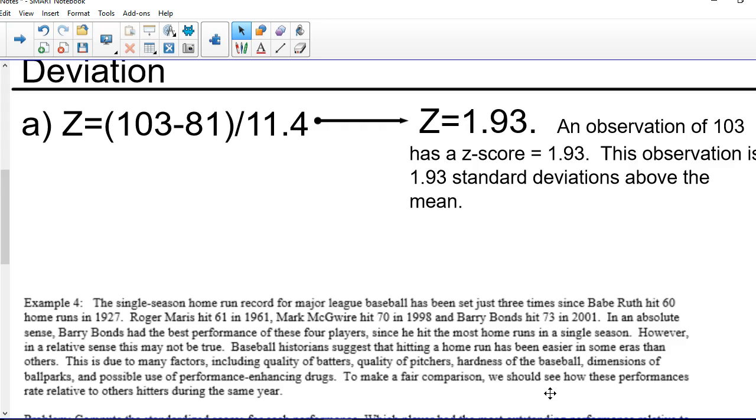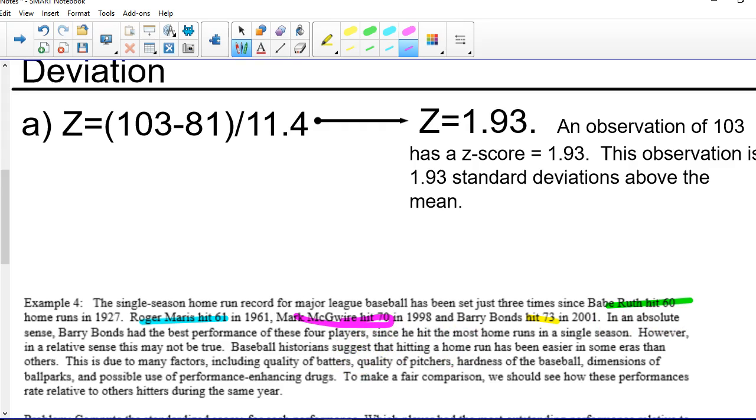In an absolute sense, Barry Bonds has the best performance of these 4 players. Why? Barry Bonds hit 73. Babe Ruth only hit 60. Roger Maris only hit 61. And Mark McGwire only hit 70. Okay? So reading on, of these 4 players, Bonds is best since he hit the most home runs in a single season.